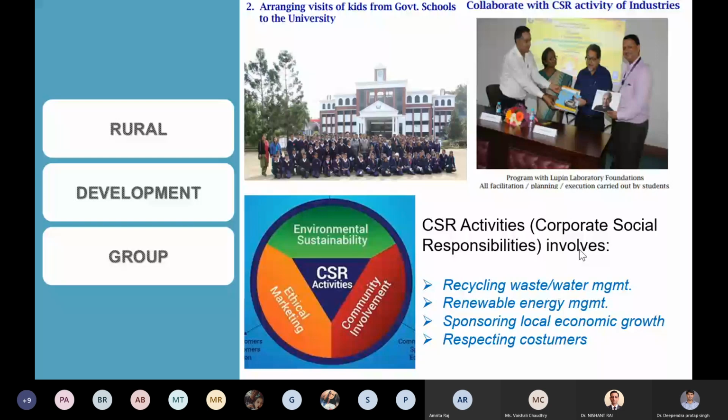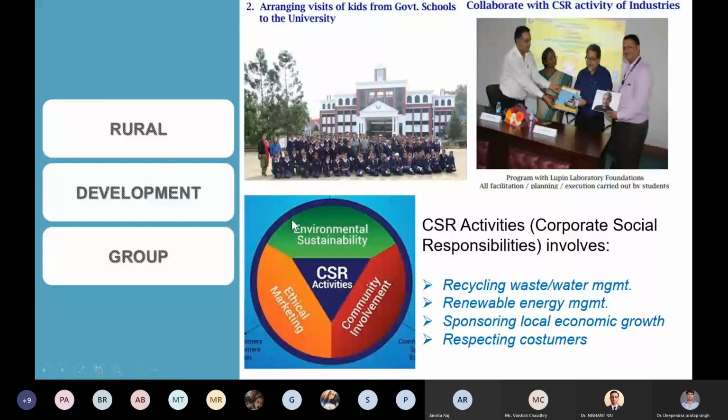So these CSR activities are also known as samajik uttardayitva, the corporate responsibilities. They may be related to three fields. Environmental sustainability means recycling waste, recycling water, and wastewater management.